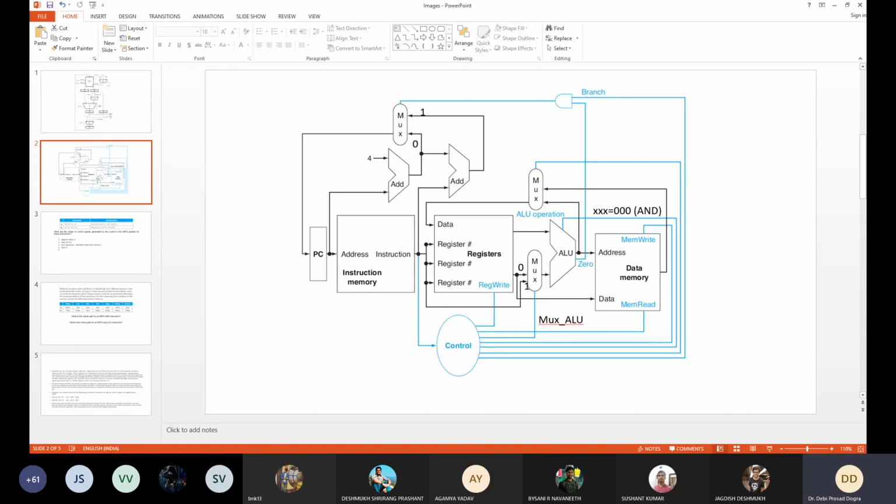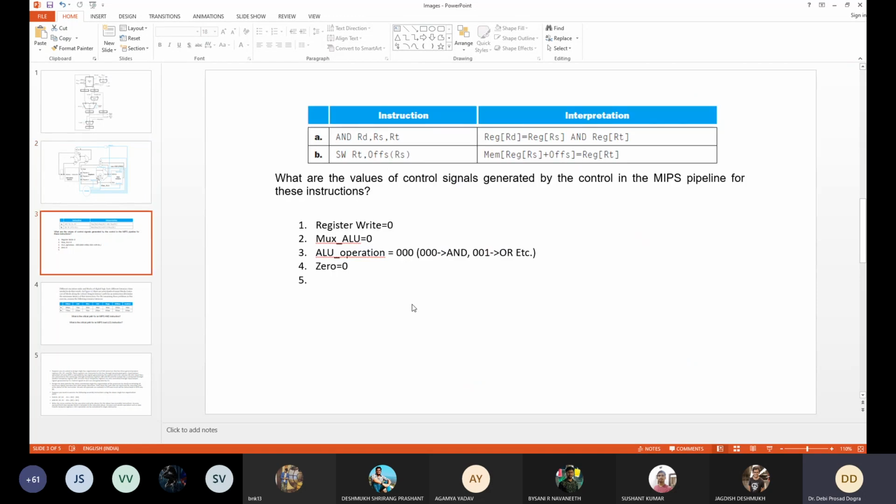So memory read and memory write should be 0. Memory read equals to 0.